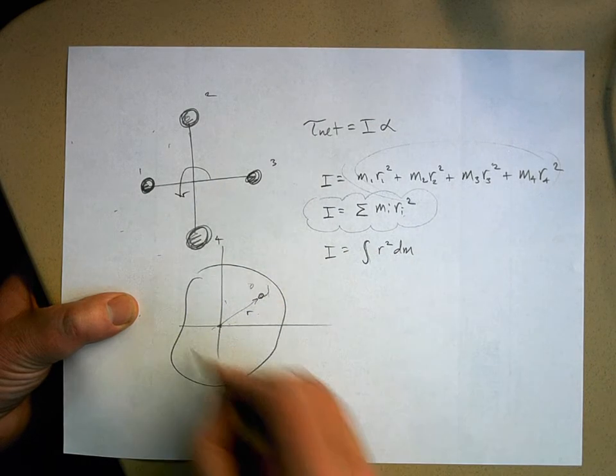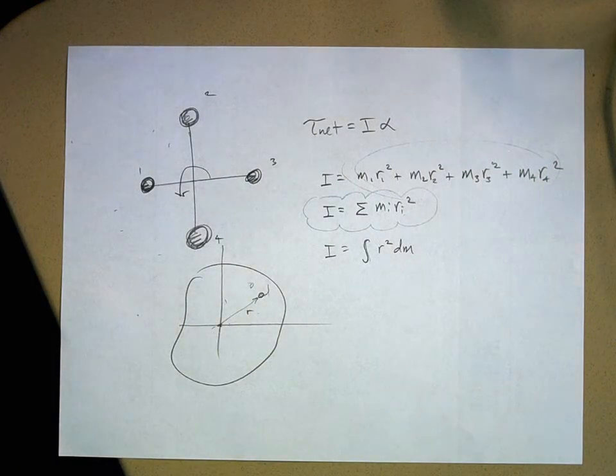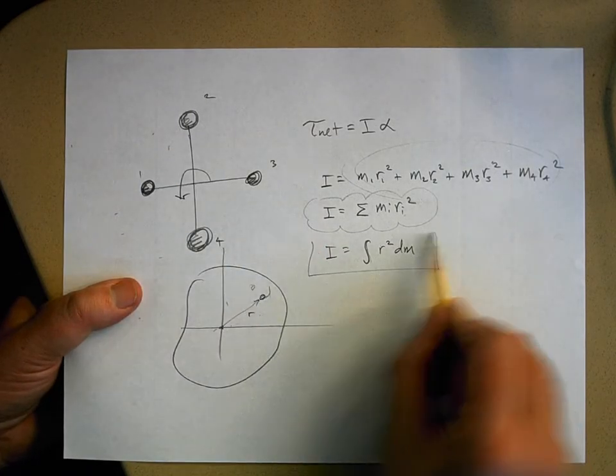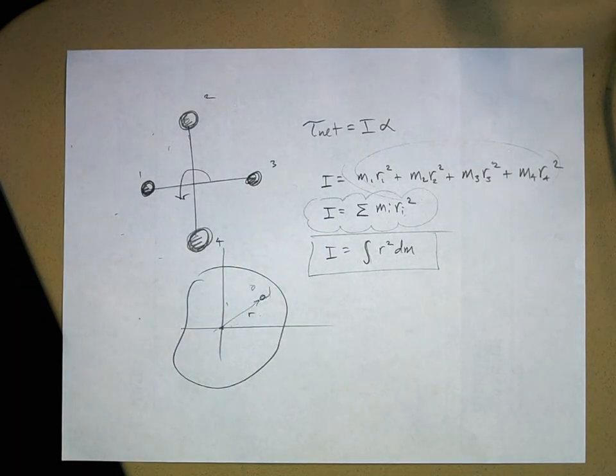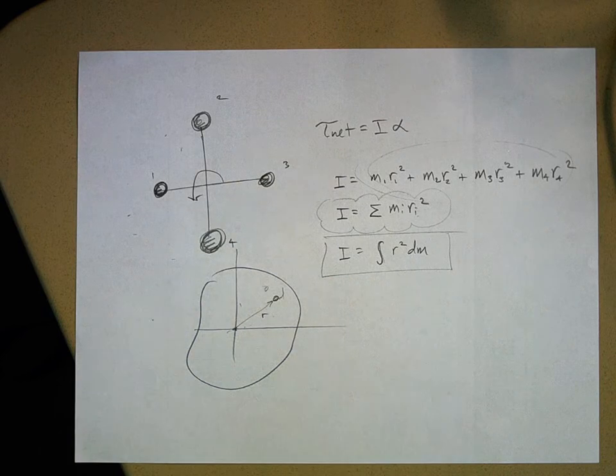You break this into an infinite number of tiny masses, and you sum them all up, and you have the rotational inertia. This is how you calculate the rotational inertia for an extended body. But you don't have to do that in this class. If you take AP Physics C next year, those of you who are juniors, we'll do this, because we're going to use calculus. And I hope some of you will do that.